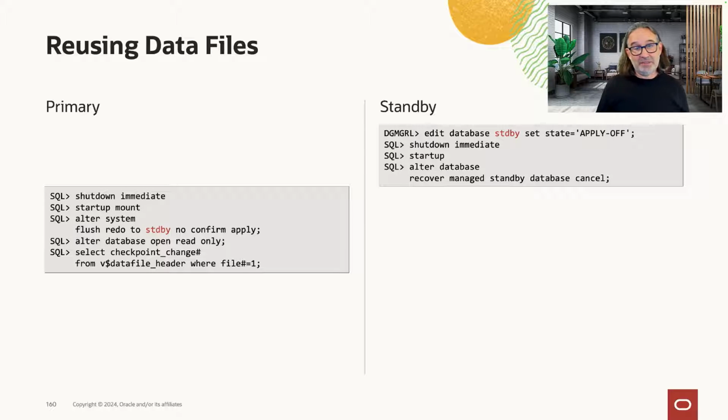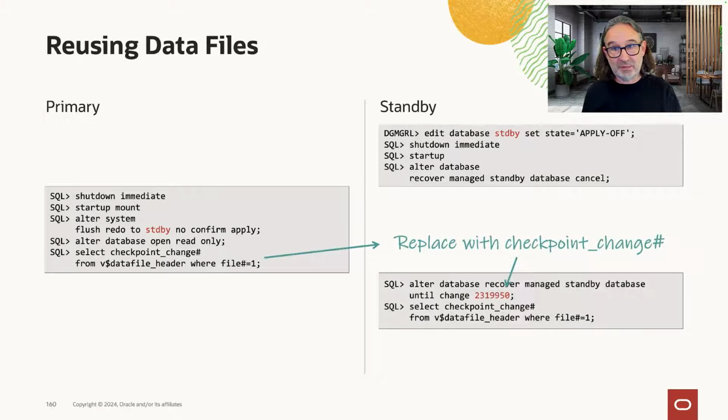When this has happened on the production, we shut down as well. We start up in mount mode. We flush the redo. We open the database now read-only. The read-only is really important here. And then we select the checkpoint change from the data file header.